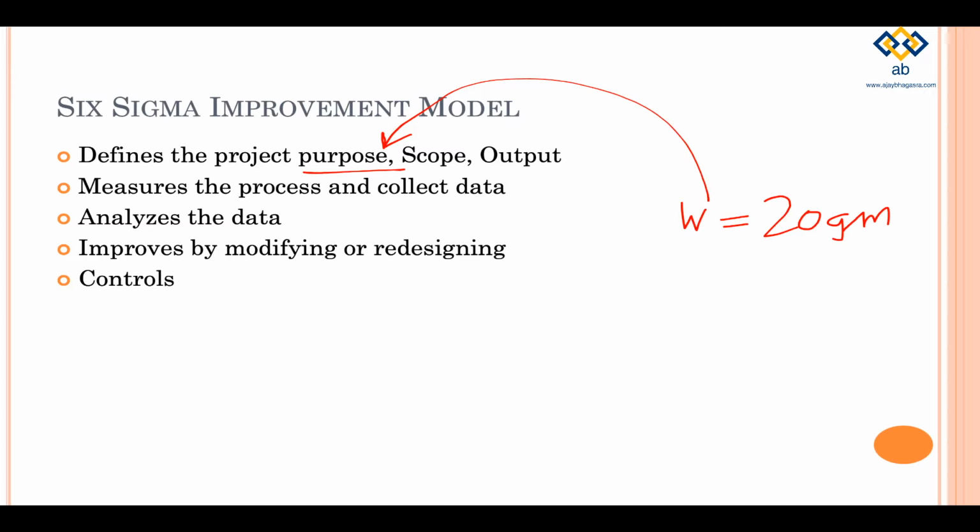So if out of so many packets that you are producing on your assembly line, the weight goes up beyond 20 grams, or comes down below 20 grams, then this packet must not go into the final stage where it is dispatched. It has to be stopped there only, right?